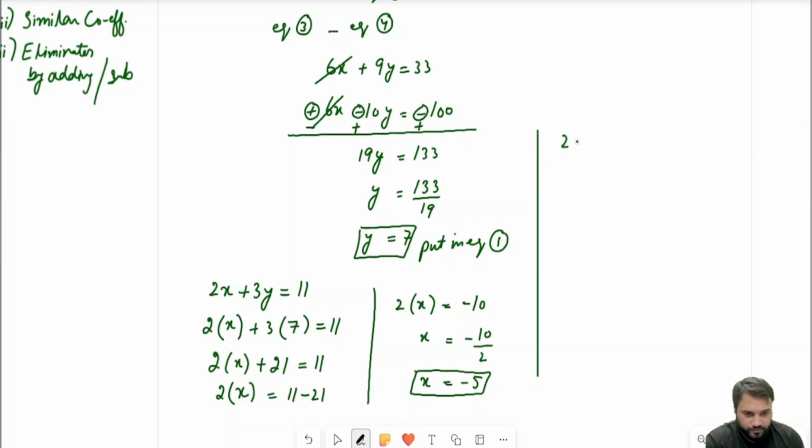The first equation was 2x plus 3y is equal to 11. I'm going to put the values of x and y in to see if it is correct or not. Value of x is minus 5 and value of y is 7.